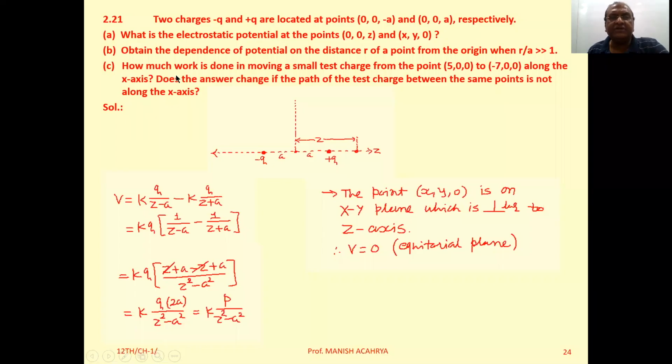Now third question, how much work is done in moving a small test charge from point (5, 0, 0) to (-7, 0, 0) along the x-axis? Now see here, both the points are on the x-axis, and the x-axis is perpendicular to the z-axis passing through the center.